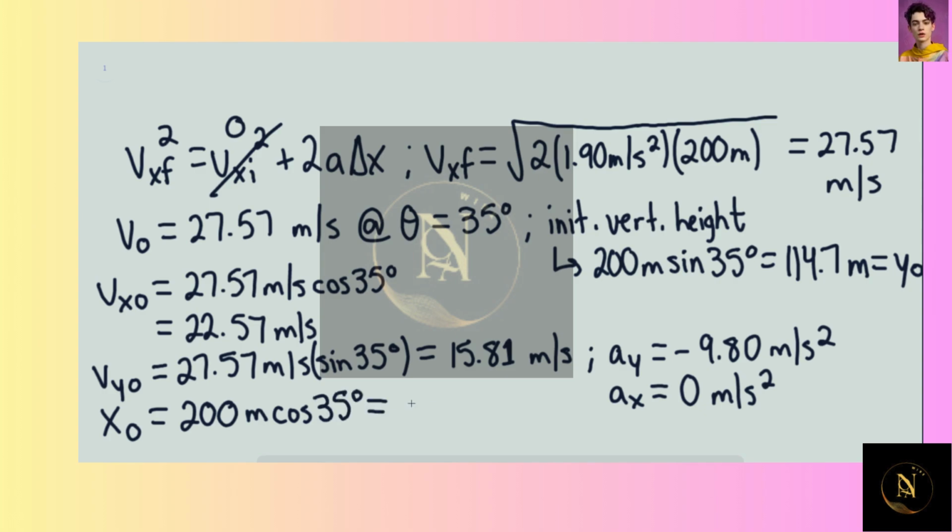This is equaling 163.8 meters. So after we have all of our knowns and solving for the variables essentially after it leaves the incline, we can then find the maximum height essentially.